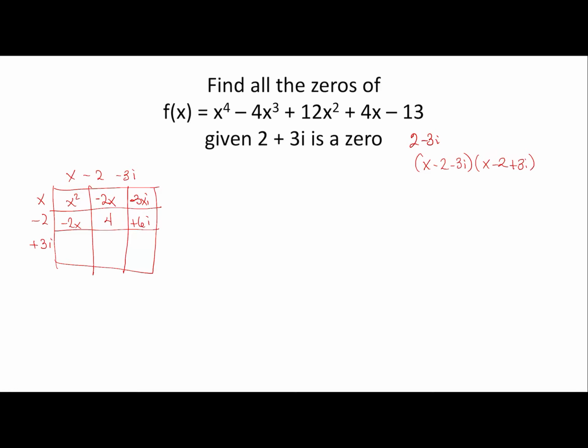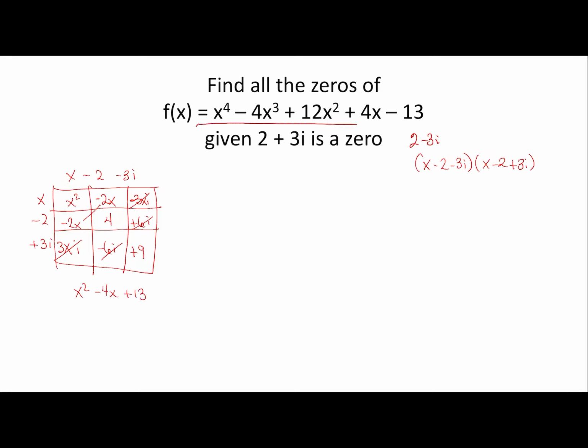X times 3i is 3xi. -2 times 3i is a -6i, and a 3i times a -3i is a -9i squared, but i squared is a -1, so this will be a +9. Combining our terms, we end up with an x squared minus 4x. The i's should disappear if we've done this right, and 4 and 9 is 13.